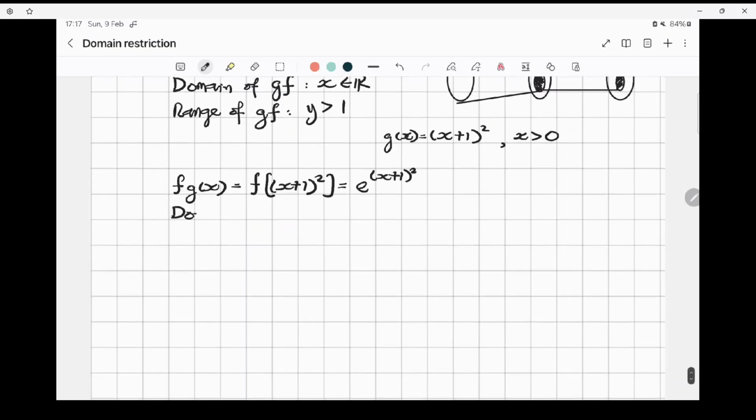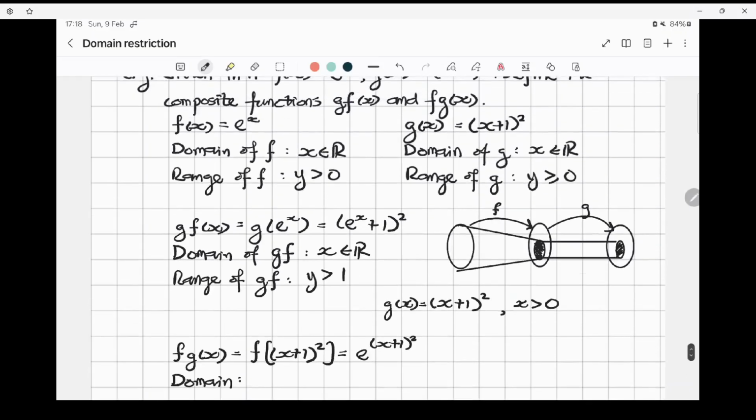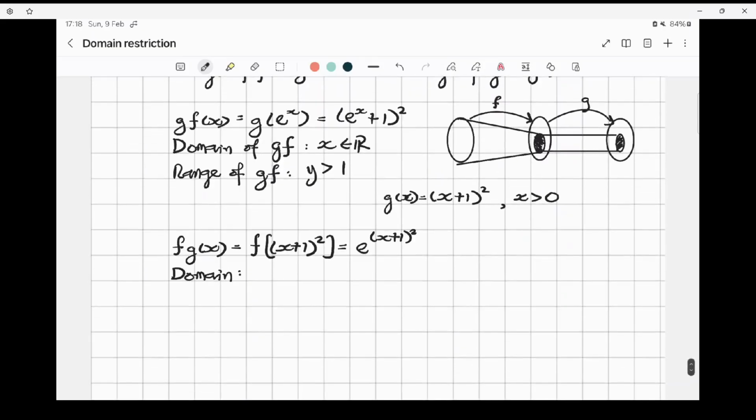So the domain, this time you need to be careful, because if you look at the range of g, it's still valid because the range of g is a subset of the domain of f. So in this case, this particular composite function is still defined, and the domain will become this.